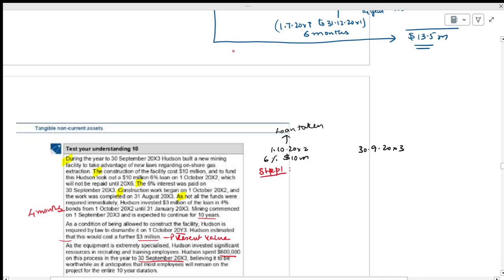Now, how much have they taken? When did they take the loan? 1st October. Is it right?